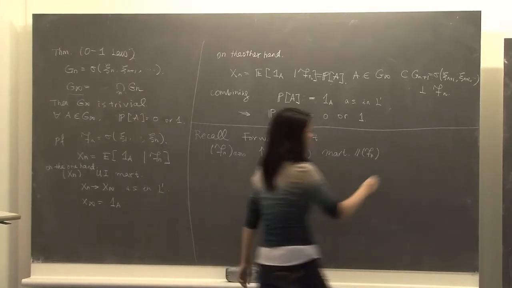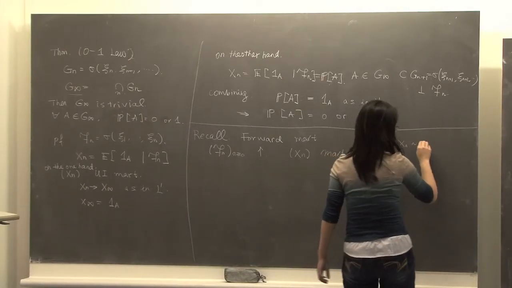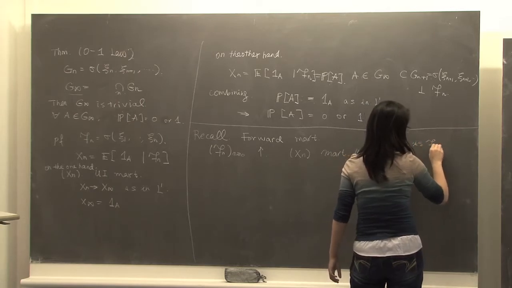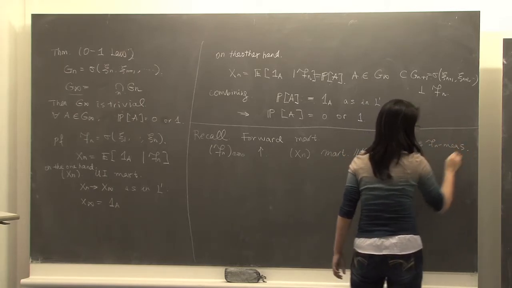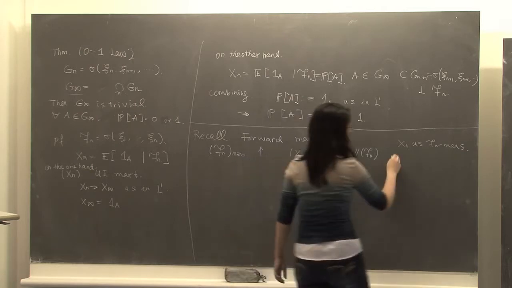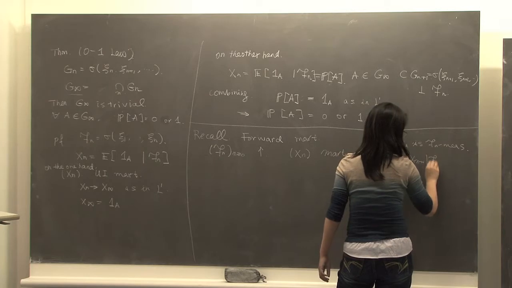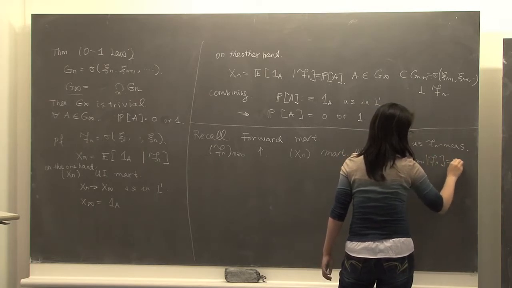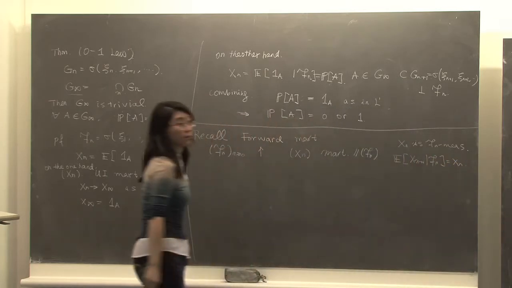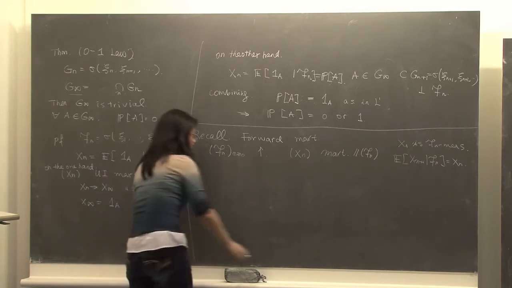For each n, Xn is Fn measurable. And we also have that the conditional expectation of Xn plus 1 given Fn equals Xn. So this is a forward martingale. And today we introduce the backward martingale.